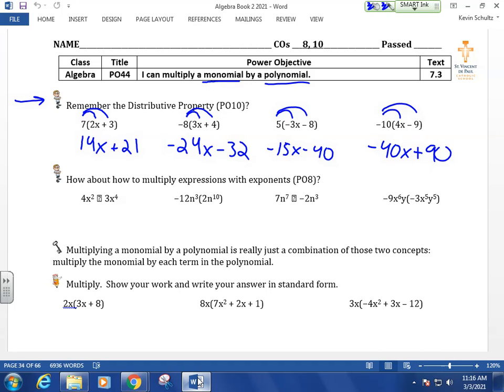If you look at the format, all of your homework questions are going to look like this: a monomial, something on the outside, times parentheses. So this process of distribution, which is the review part, is what you're going to be doing for all of them. The new part is what we have not covered in PO8, which is how do we multiply exponent terms.